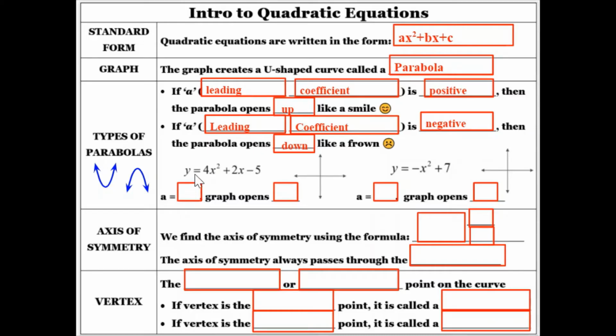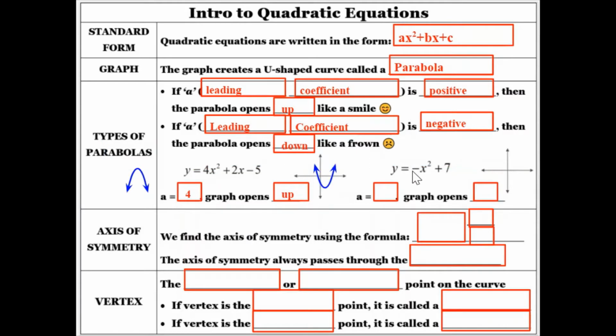If my equation is 4x squared plus 2x minus 5, and I want to know if it opens up or down, I look at my leading coefficient, which is 4. So A is 4. More importantly, it's positive 4, so it's going to open up, which means it will be like this, somewhere on the coordinate plane.